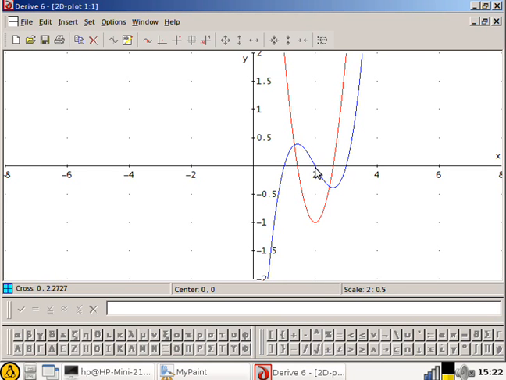So this is where we need to have two new words to describe a curve like this, and then a curve like this. You can see the first one is a hill shape, and then the second one is a valley shape. The point at which it changes from being this type of shape to this type of shape, you can find by finding when the second derivative is 0.